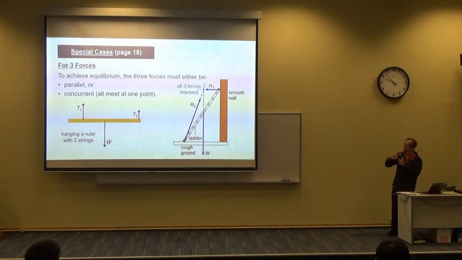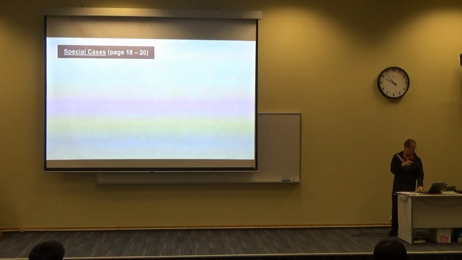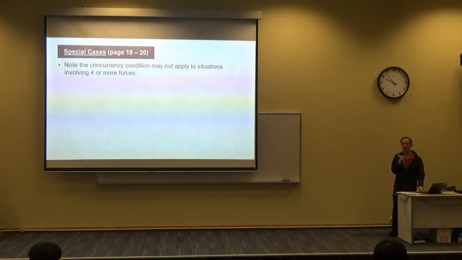So take note, even though I use a ladder here, it can apply to anything that you're in contact with. Now the concurrency condition, meaning the forces are concurrent, unfortunately fails after four forces or more. It works for three, but for four, sometimes it works, but often it does not.